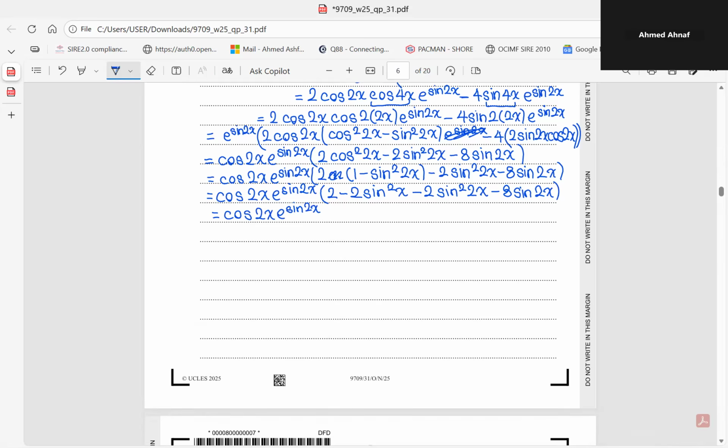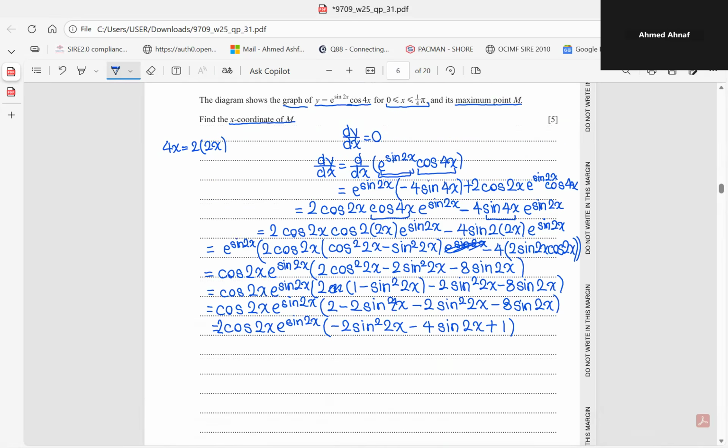Okay, so since all the coefficients are even, we're going to factor out 2 from all of them. So 2 cos 2x times e to the power of sine 2x, times minus 2 sine square 2x, and minus 8, since we factored out 2, that just becomes minus 4 sine 2x, plus 2 divided by 2, that's just 1.